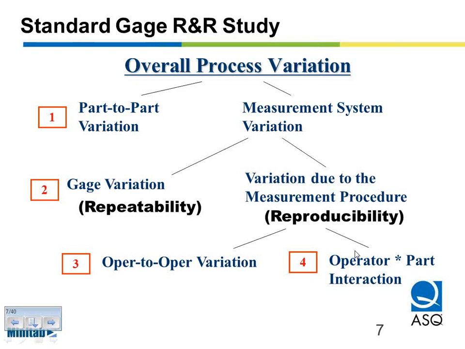So as complicated as a gauge R&R might look, it's important to remember there's really only 4 numbers that we get from a gauge R&R. We get sigma part, sigma repeatability, sigma operator, and then sigma operator by part interaction. Those four measurements are what we are trying to achieve.